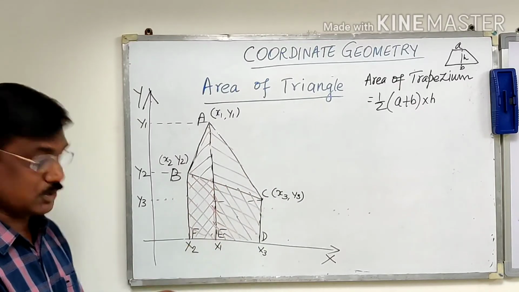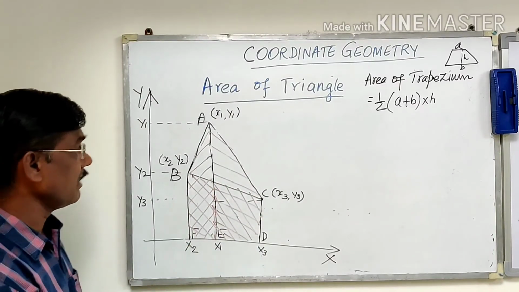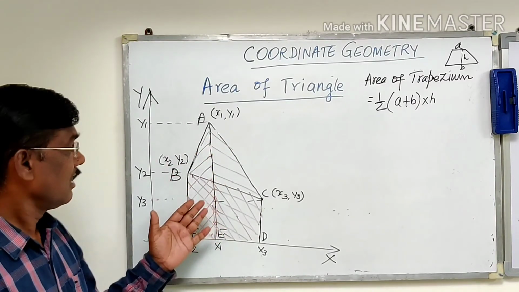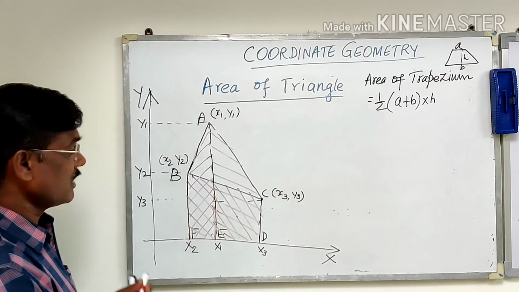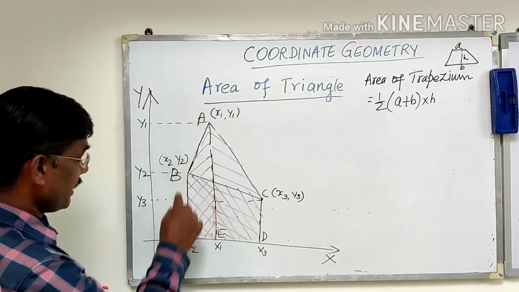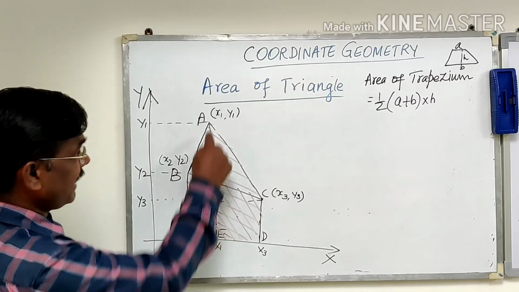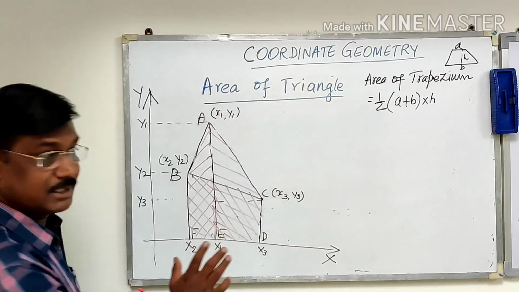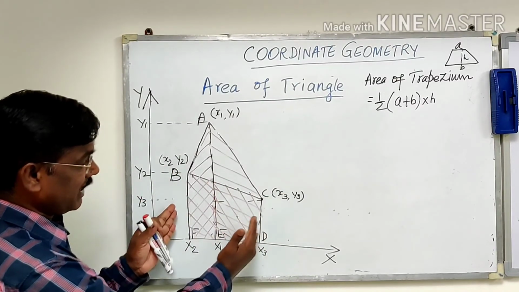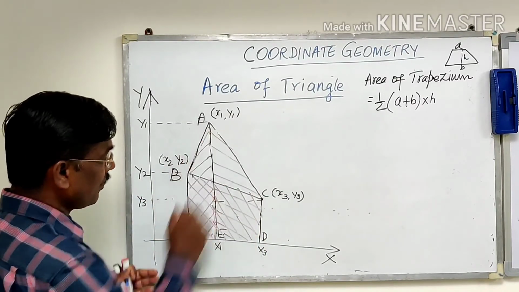I hope you have understood. Okay, I will explain once again. To find the area of triangle, our approach is first to find the area of trapezium ABFE and AEDC. The sum of these two areas will give the area of the whole figure.